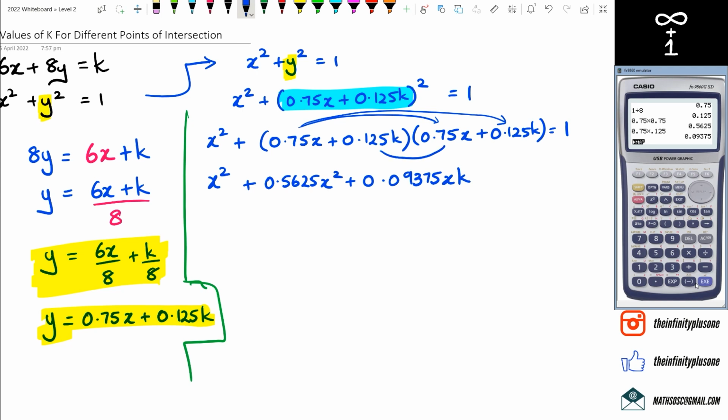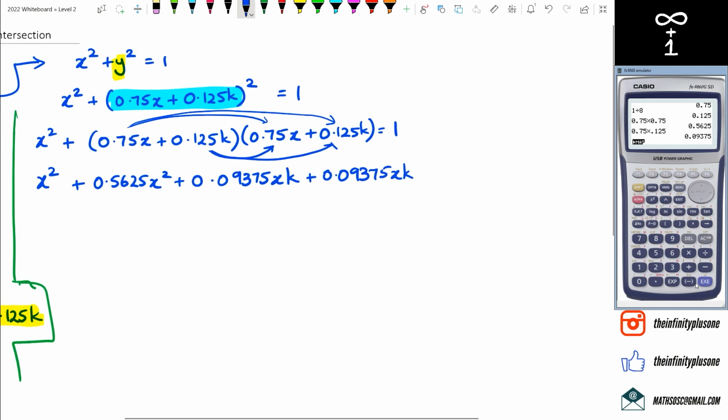And of course, when we repeat that, we're going to get another one of these, so 0.09375 xk. And then finally we've got plus, I'm going to write that in the next line, guys, I'm sorry, let's do it this way then. There we go.